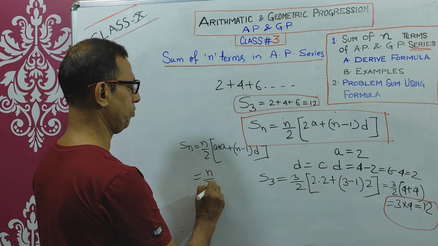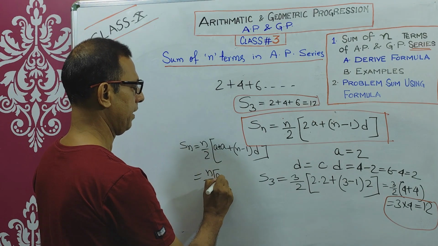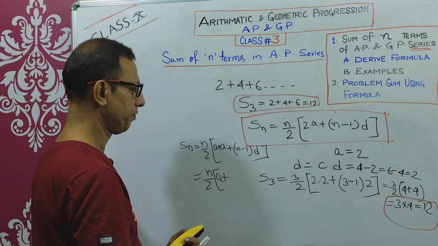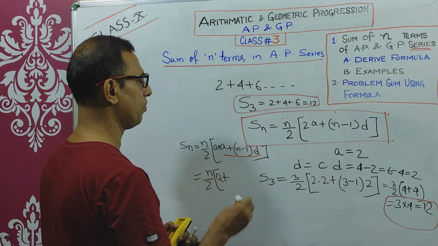Therefore, n by 2 into a plus this term, a plus n minus 1 into d.